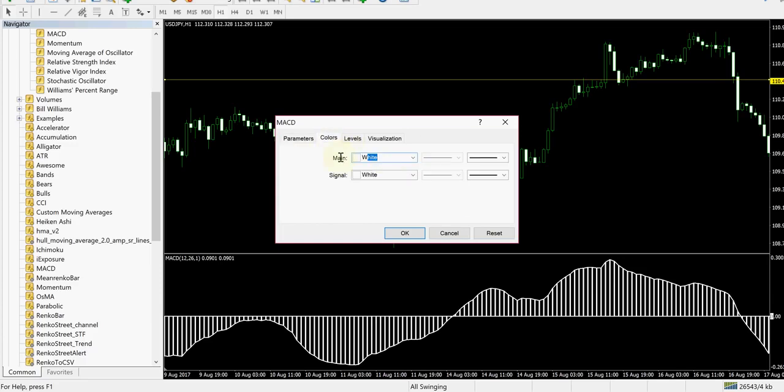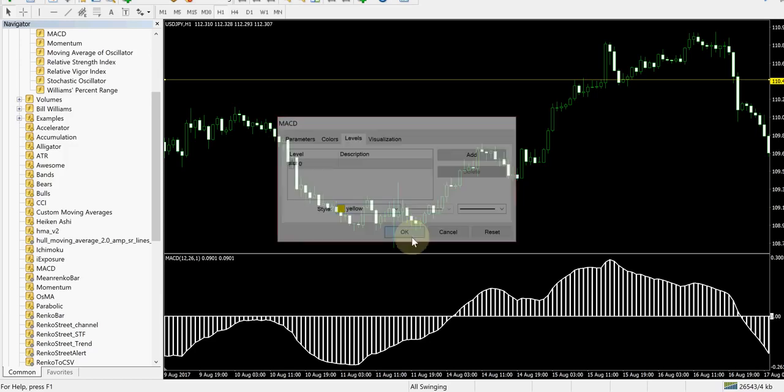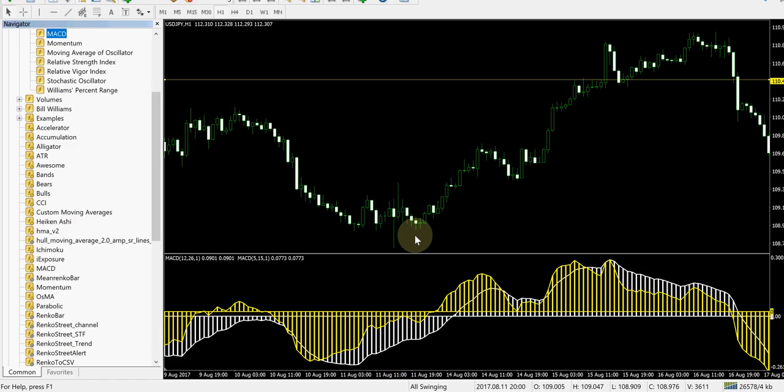For the color, we say we want yellow for the smaller MACD, and we have the 0 level as well, and we make it a bit thick. That's it. Now we have our two MACDs together. So let's see how we can apply this to trade.